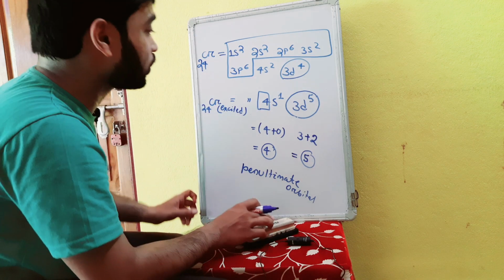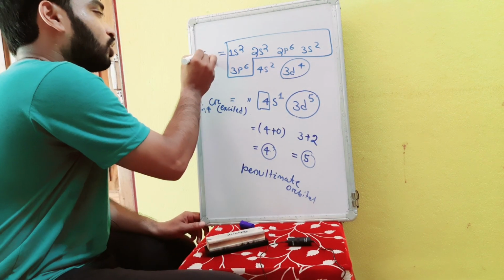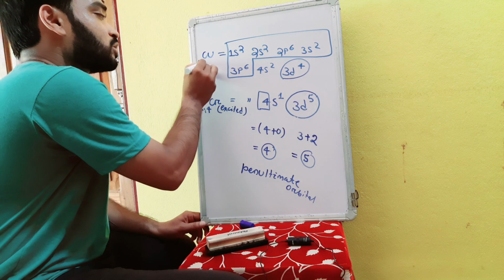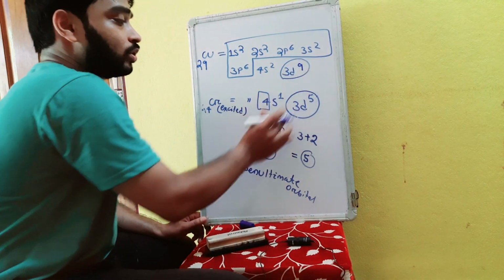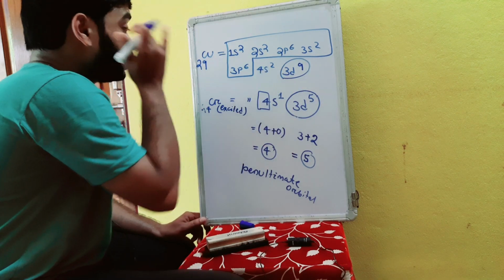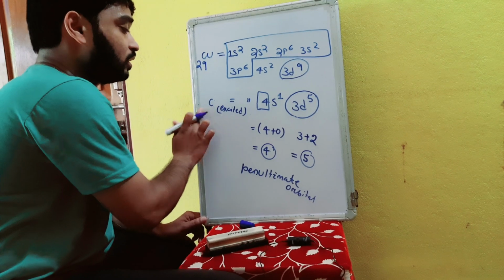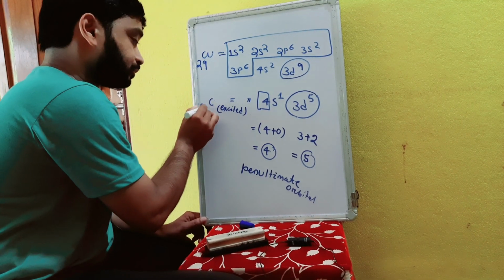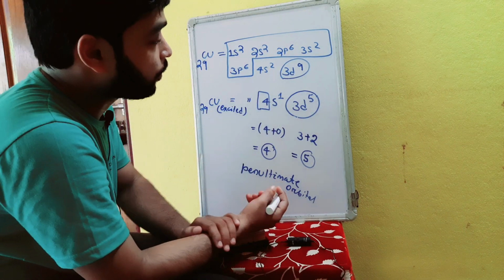Similarly, in case of copper, the same thing occurs. Copper has the atomic number 29, in which the 3d orbital contains 9 electrons, nearly full. So the 3d orbital receives an electron from the 4s orbital.